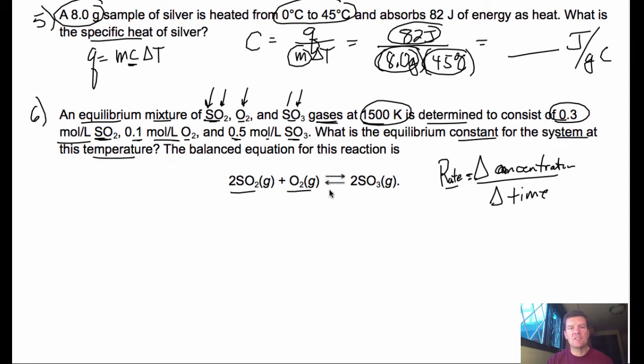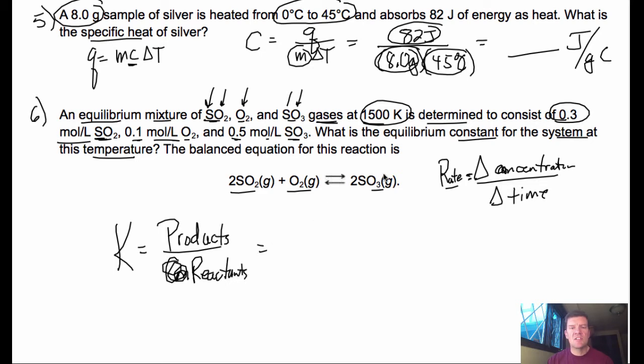And they have a balanced equation. You must always have a balanced equation. Okay? Fortunately, they gave it to us. If you remember, the equilibrium constant expression is a ratio of concentration of products over concentration of reactants. Okay? Remember, so let's take our product here.